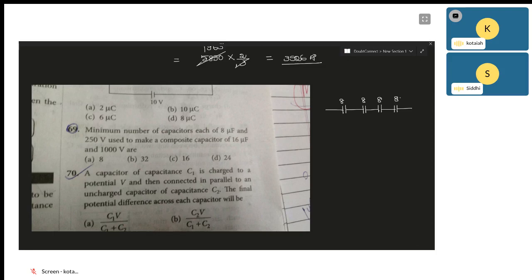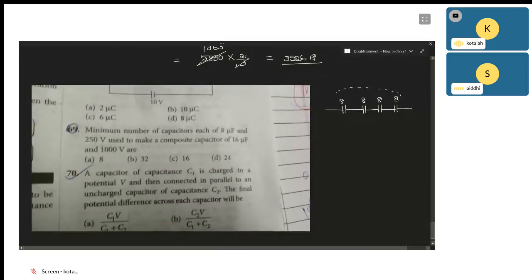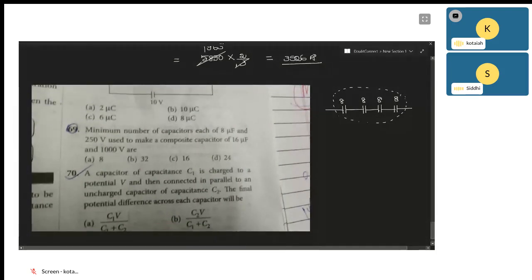So the total capacitance of this branch is equal to 2. But how much capacitance do you want? 16 microfarad. So that means I have to add 2, 8 times.